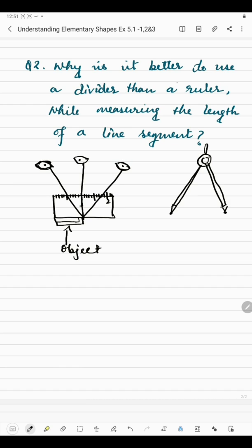If we look from this side or this side, then errors can happen due to angular viewing. So what we have observed is that if our eyes are not vertically on top of the object, we may get errors due to angular viewing. And sometimes because of the thickness of the ruler also, we cannot get the exact measurement.